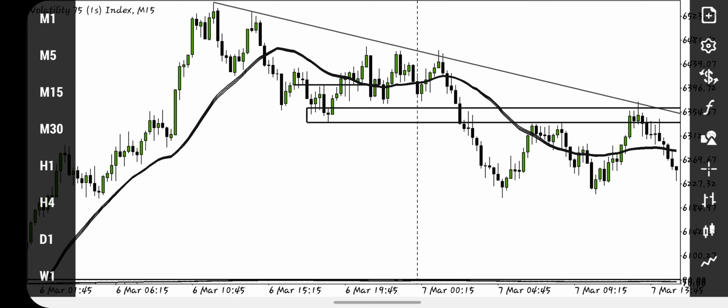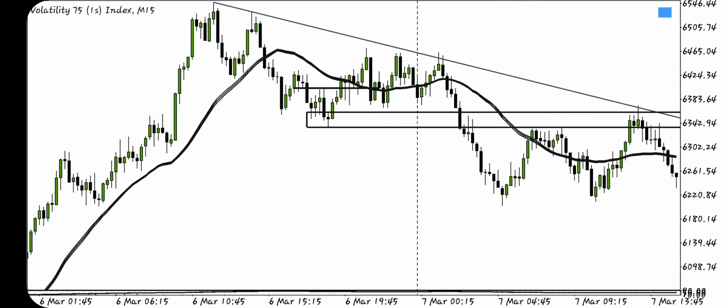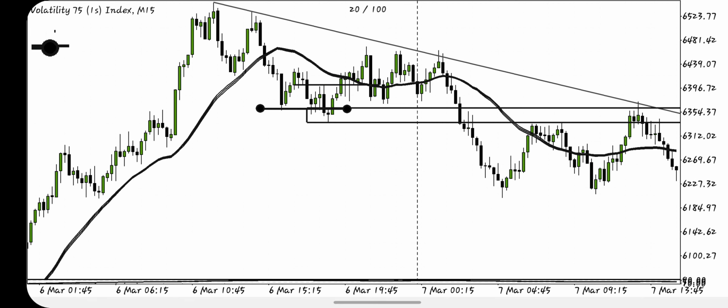From here, this low was broken, which makes our downtrend valid, but the higher low was broken. So this is a break of market structure, which means that the market is changing its direction. The last candle after the break of structure is our order block.